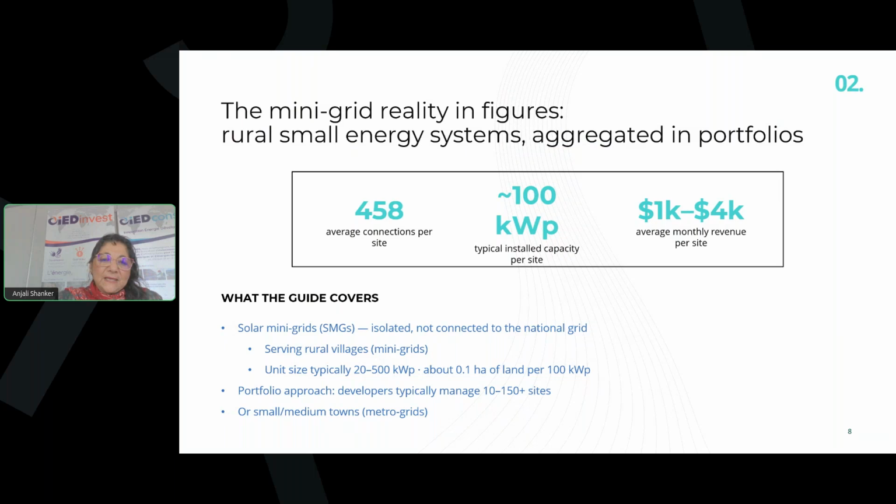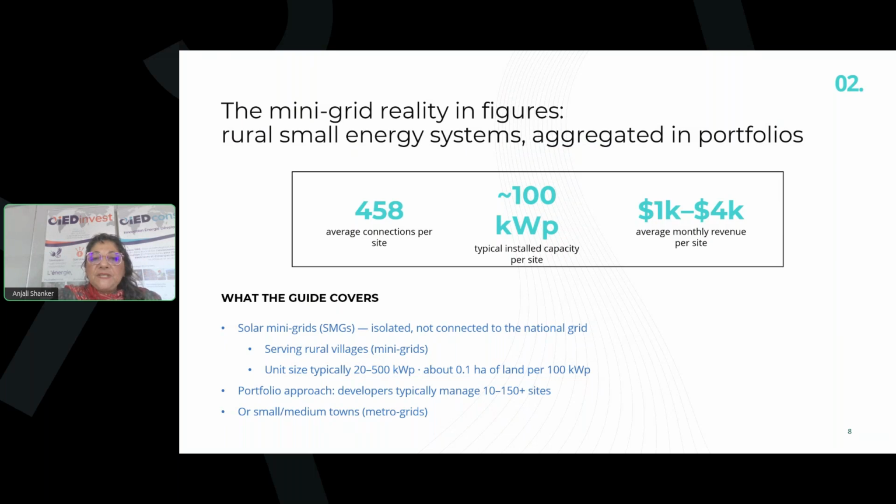And the result of the stakeholder engagement showed us basically that most developers have a maximum of 15 to 35 sites. A lot have less than 5 sites, and only one of those we had a discussion with had more than 150 sites. So this also poses the question of aggregating the number of sites to reach the size which a national donor would be willing to approach.